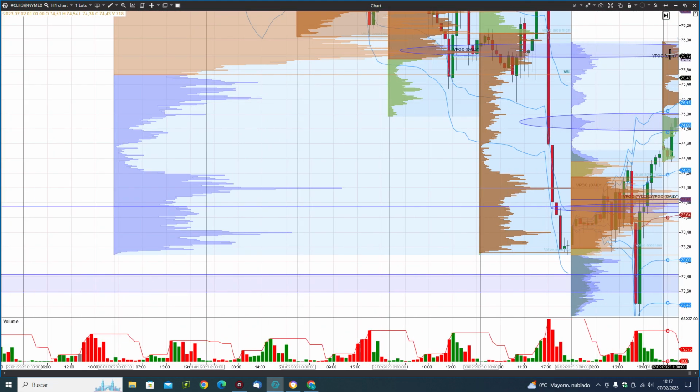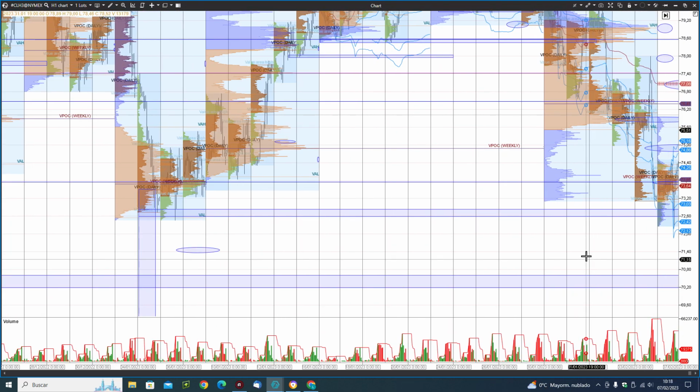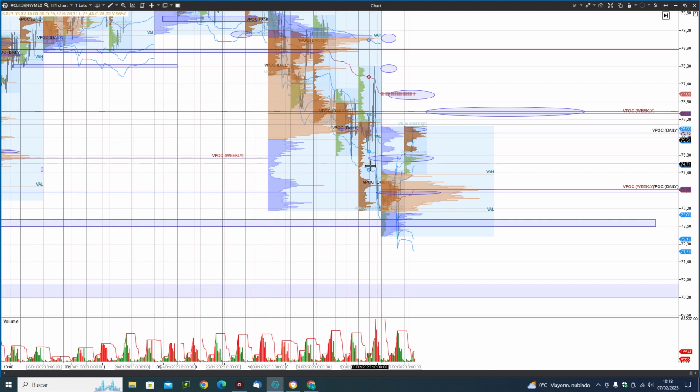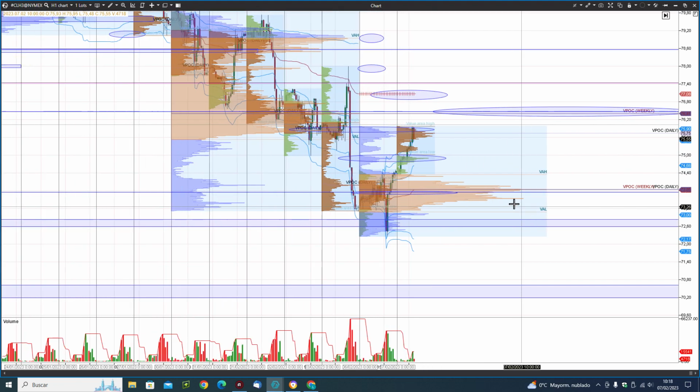But this point, here there was a low level, low volume node, and the price could go to the high volume node in this zone, and here there was a weekly VPOC, so this target was relatively clear.